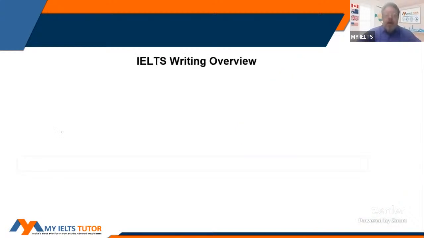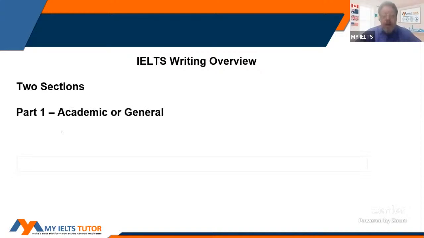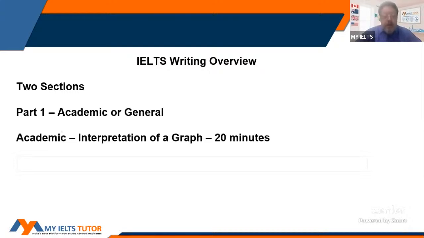Now, I'm just going to give you a brief IELTS overview for the writing section. Very brief. Some of you, probably most of you already know it, but you have 2 sections. You have part 1, it's either academic or general, depending on which one you take. Academic is basically interpretation of a graph.